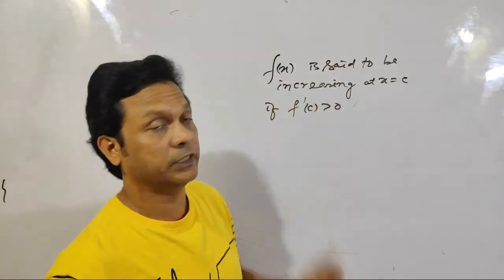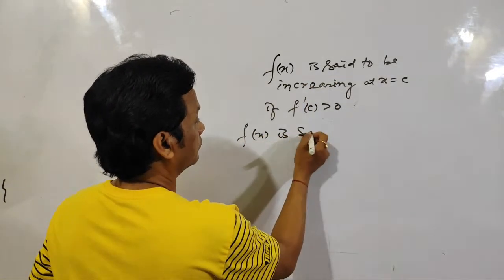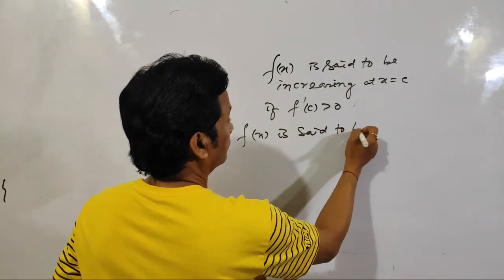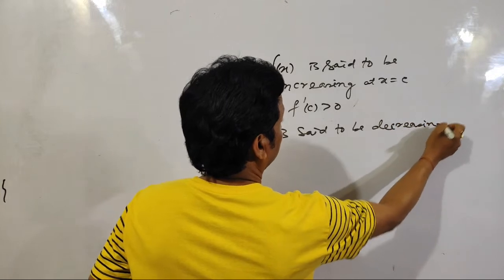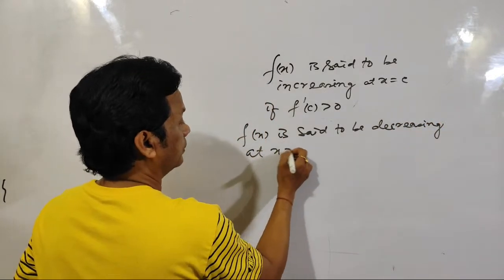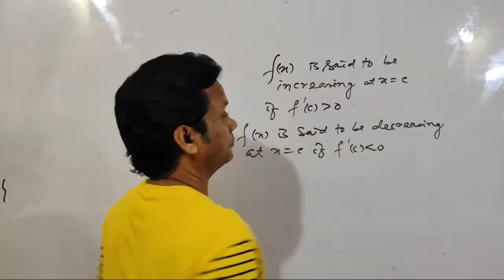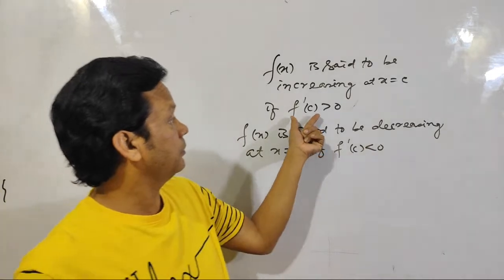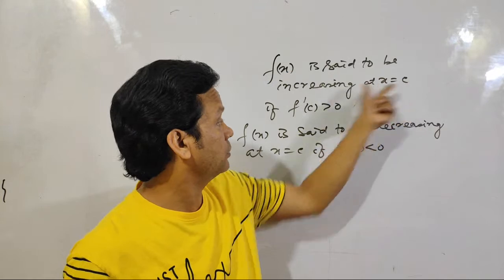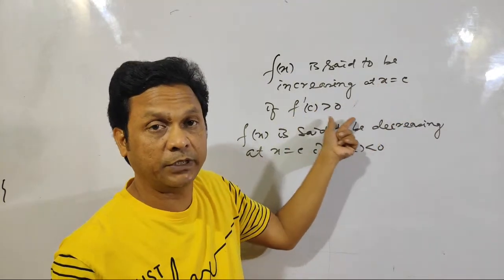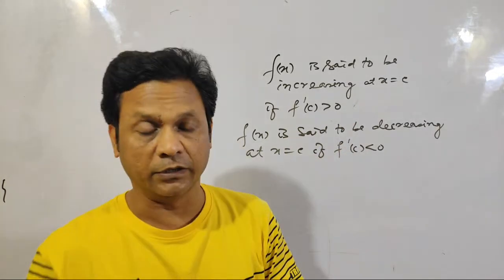And f of x is said to be decreasing at x is equal to c if f dash c is less than 0. So for the function f of x at the point x is equal to c, the function is said to be increasing if its derivative is positive, and if the derivative is negative, then the function is said to be decreasing. Is it clear or not?